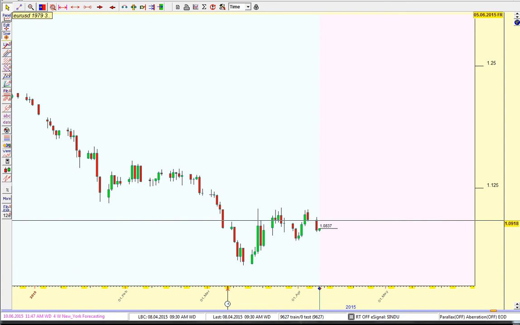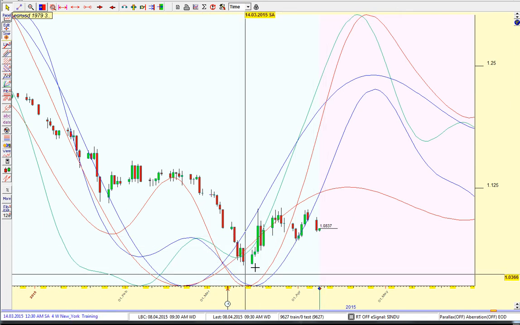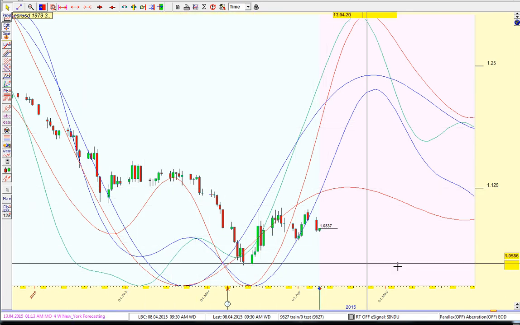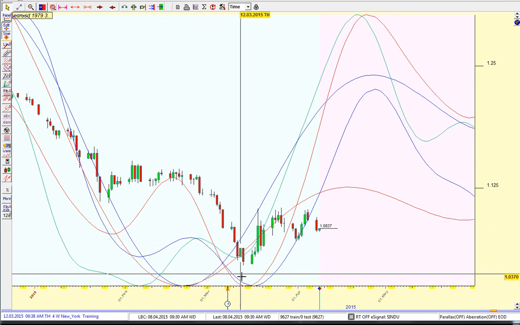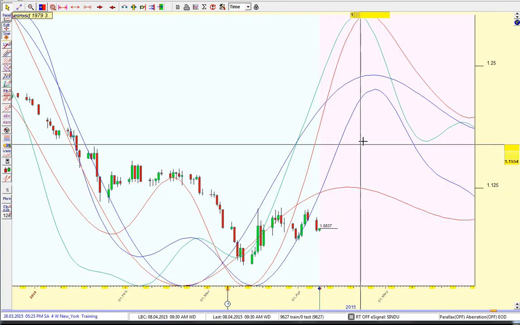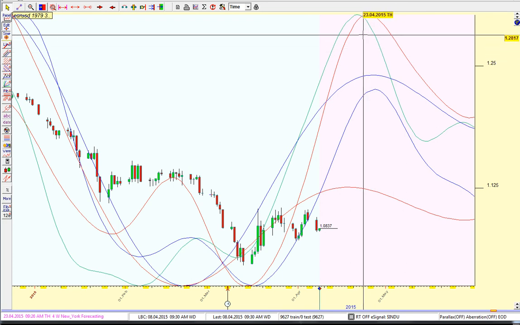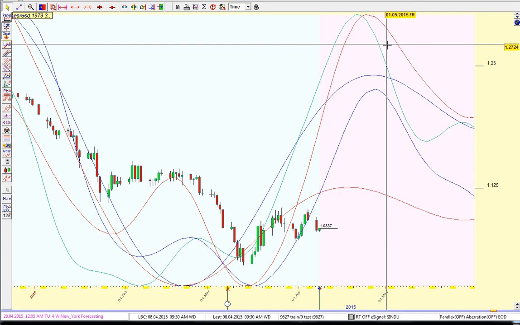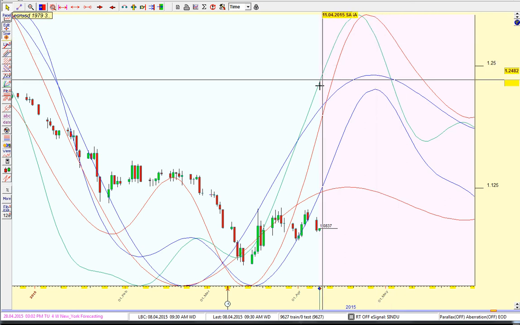Natural cycles, something maybe I haven't shown. Everything is bottoming right here in regards to the natural cycles. You can see that some bottom here, and another bunch of cycles bottom here, and now they all start pointing up. And they start kind of topping around the 23rd, pretty much the last week of April.